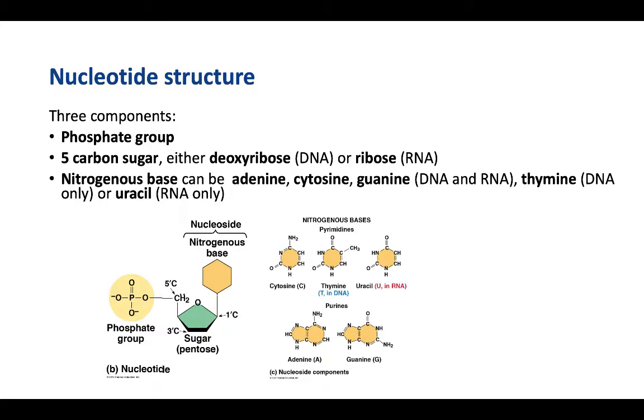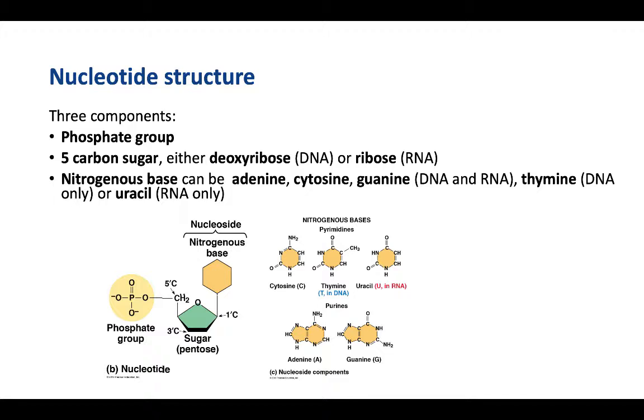Here are pictures of just the bases by themselves. We group the bases into two groups called pyrimidines and purines. And we can see that cytosine, thymine, and uracil are all classified as pyrimidines. One of the things we can notice when we look at the structure of pyrimidines is that they all have a single ring.